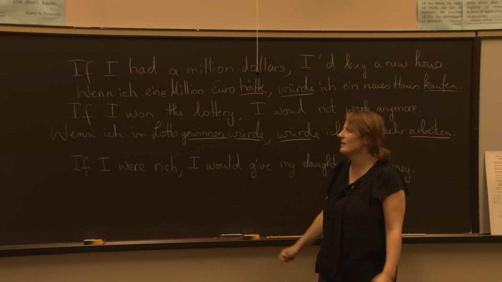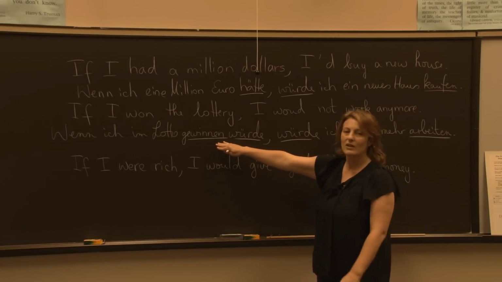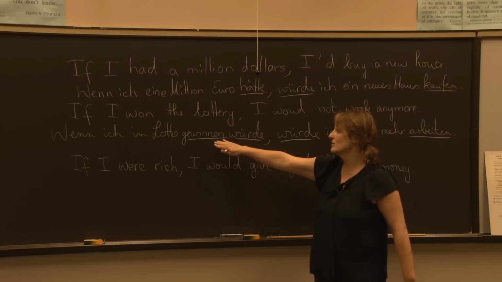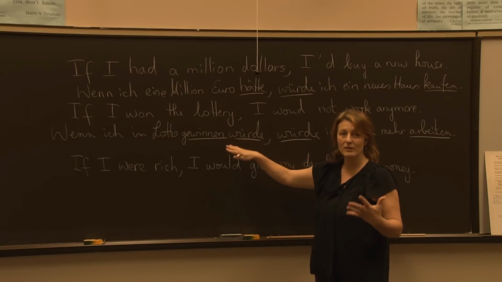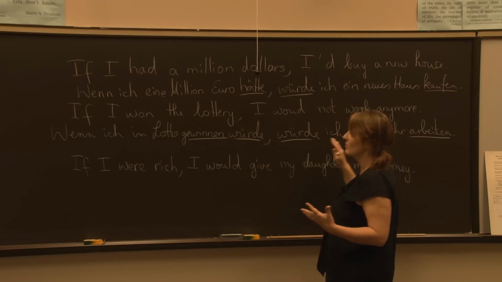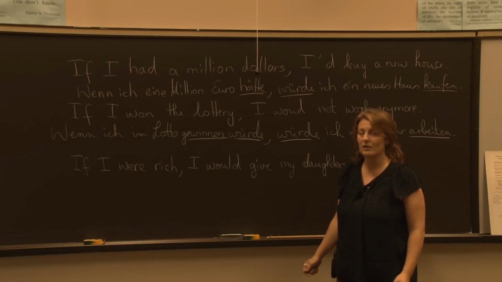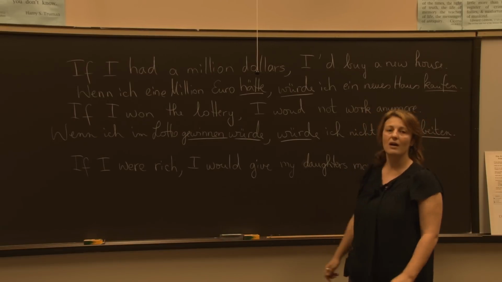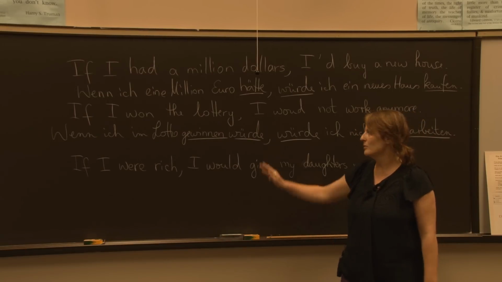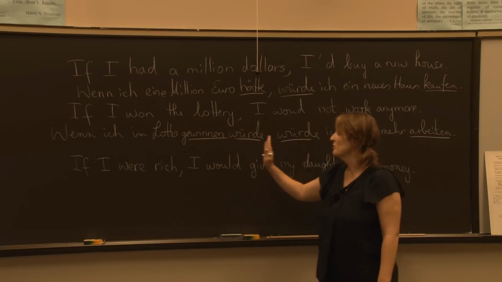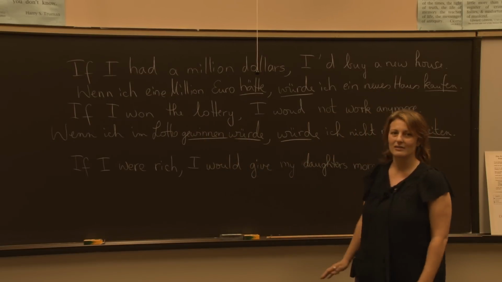No, it's not wrong, it's right. Because gewinnen does not have its own subjunctive form, so we use würde plus gewinnen. Same thing for arbeiten. This is how you say it. Wenn ich im Lotto gewinnen würde, würde ich nicht mehr arbeiten. Ja? One würde belongs to gewinnen, one würde belongs to arbeiten.